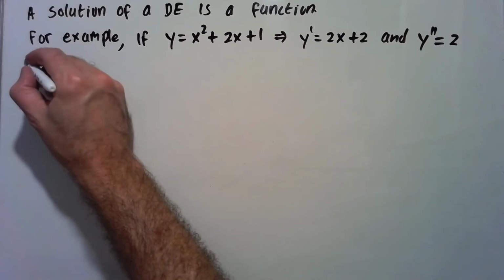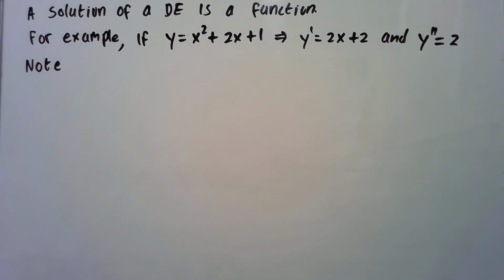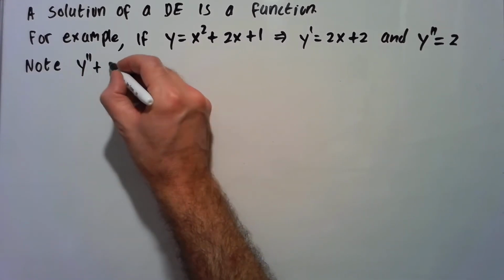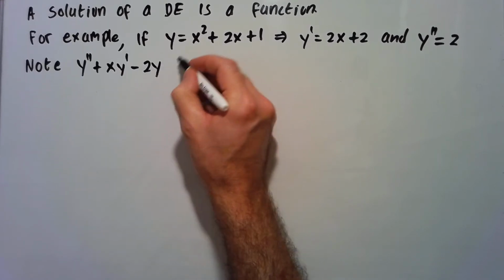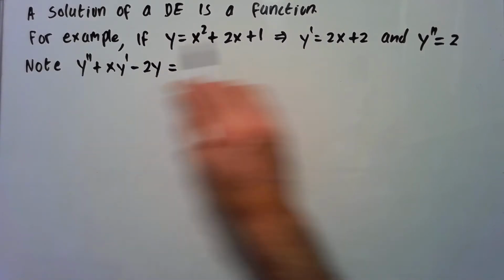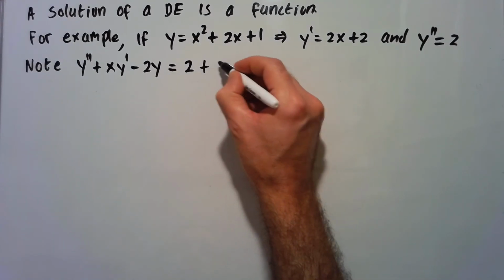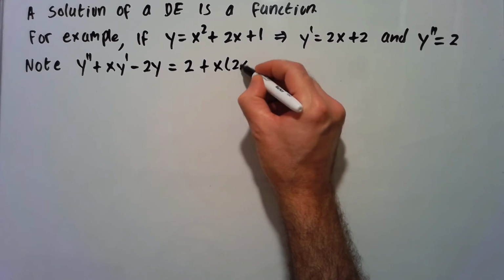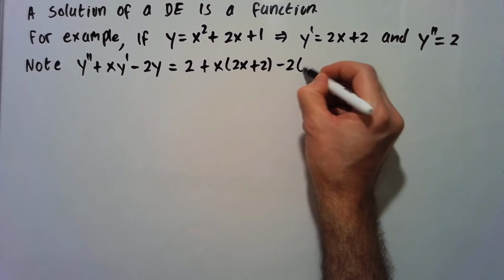So note now, let's look at y double prime plus xy prime minus 2y, plugging in our values here. So y double prime now is 2, plus x times y prime is this, minus 2y, so it'll be 2 times y up here.